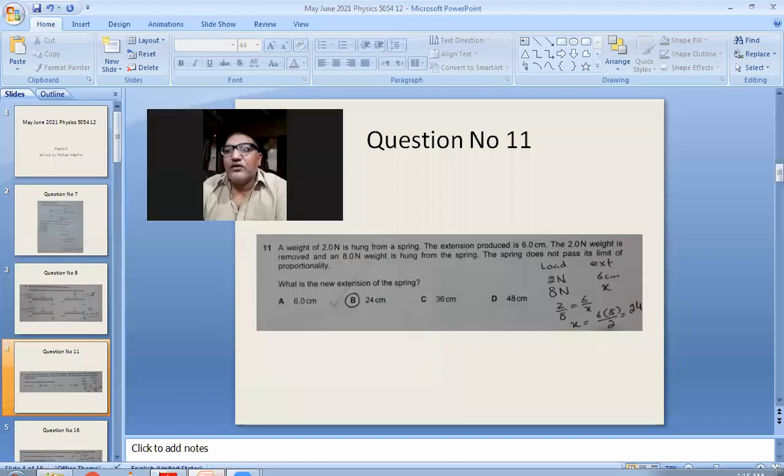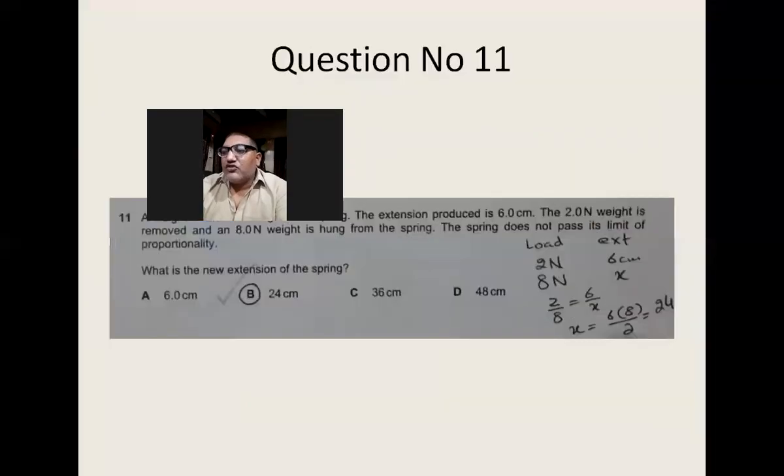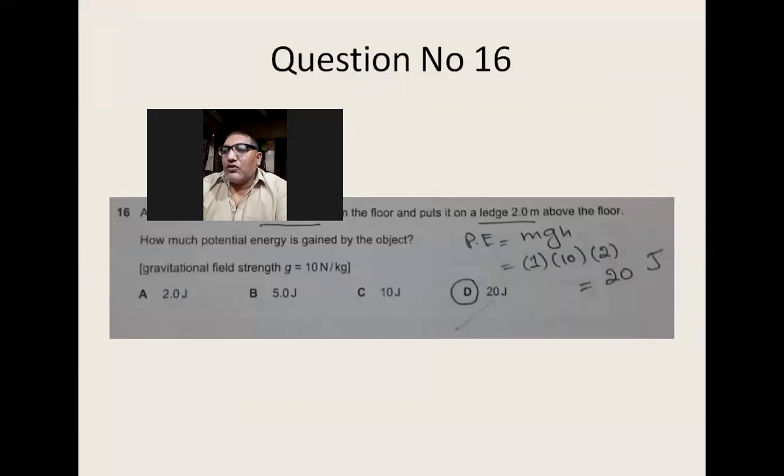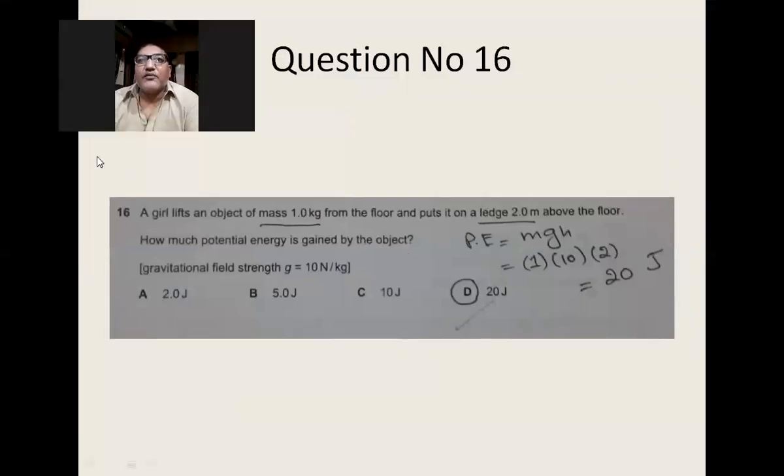Okay, so here we go. So here we have that showing up on your screen. So the formula for the potential energy is mgh. The m is 1 kg, the g is 10 Newton per kg, and the h is 2 meters. h means the vertical height gained by the object.